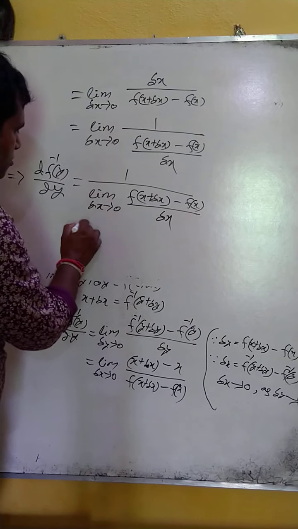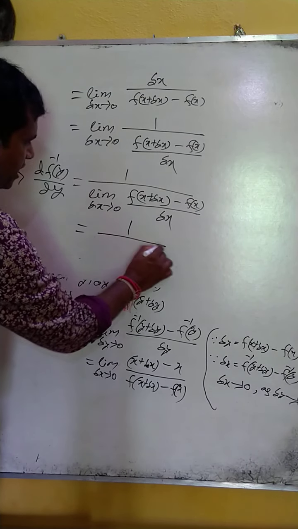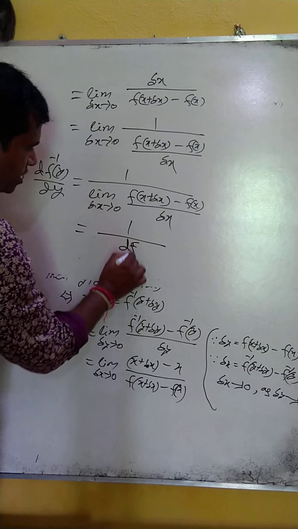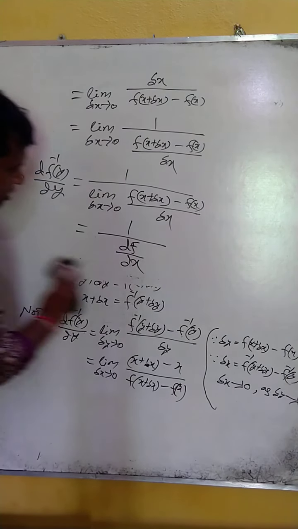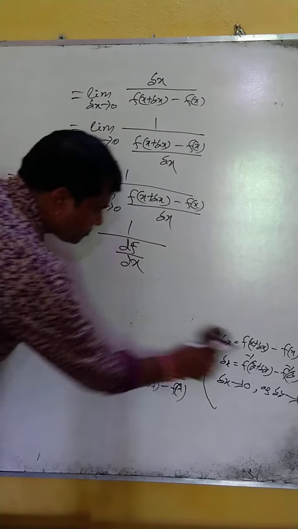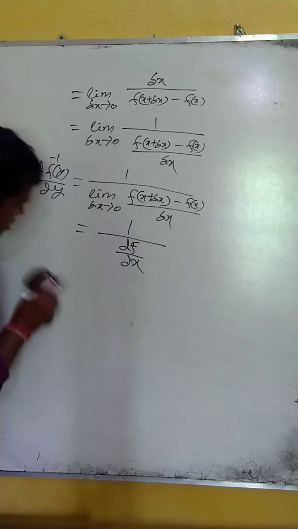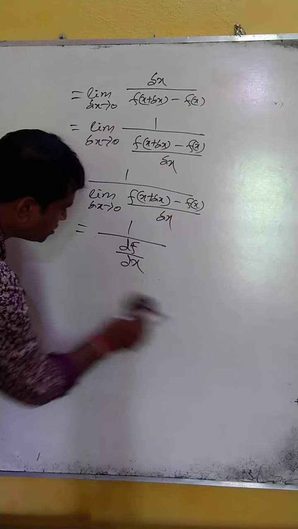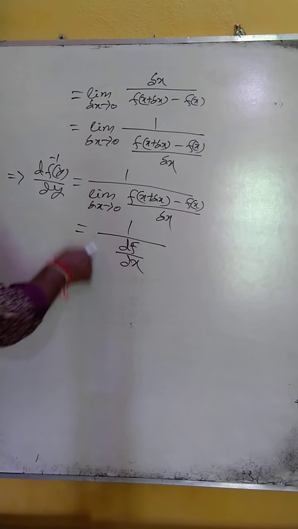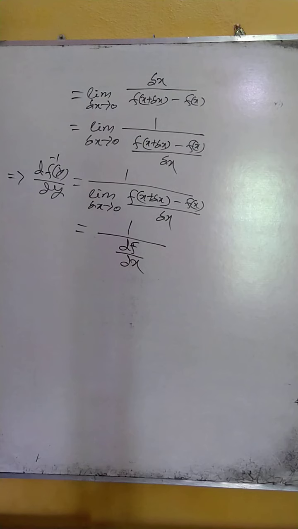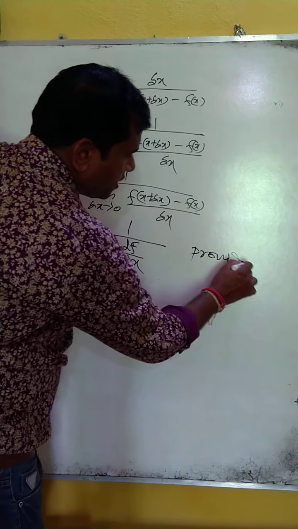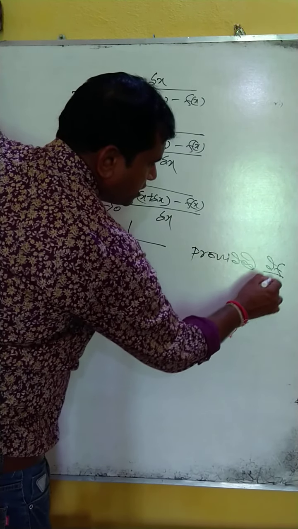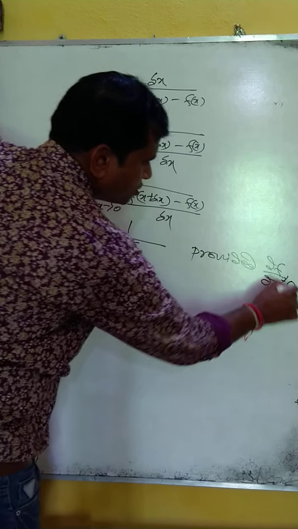That equals 1 by, by notation, df by dx. So we have proved the inverse function derivative. We write d f inverse of y divided by dy equals 1 by df by dx, provided df by dx is not equal to 0.